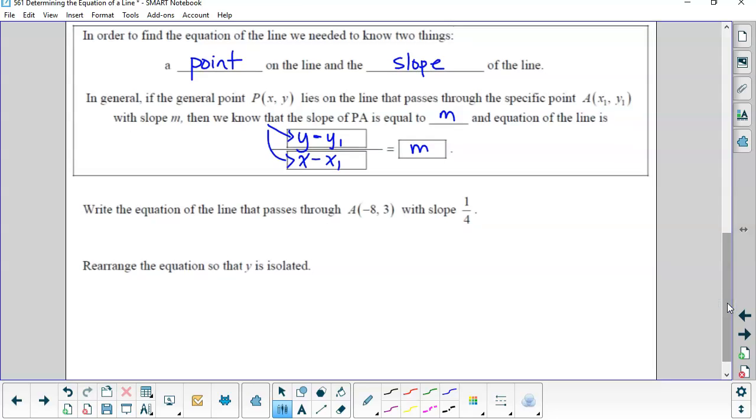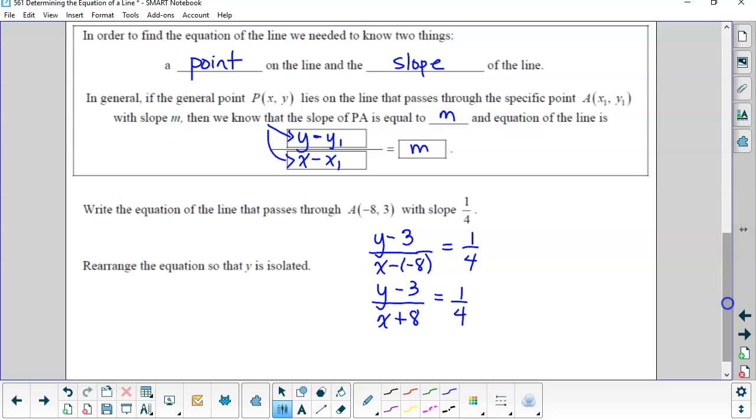Okay, and then we're going to rearrange it. Most times, as I said, we will. So y minus 3 over x minus negative 8 equals 1/4. And now get rid of the subtracting a negative, so that's x plus 8. And now we want to solve for y.